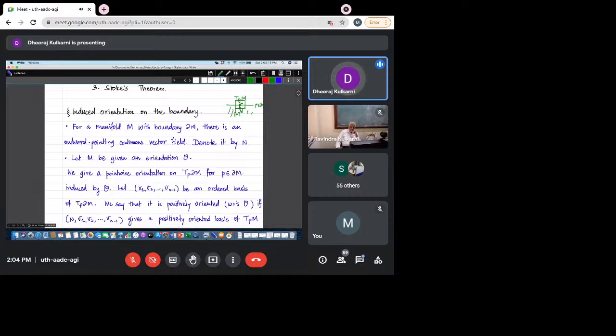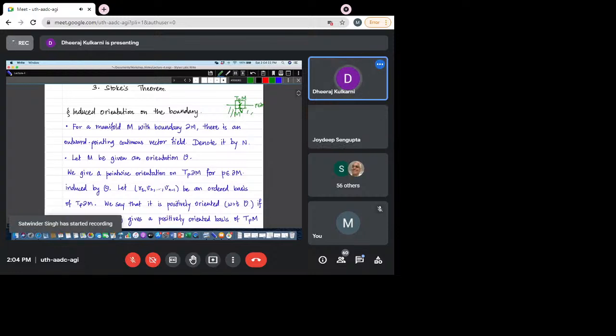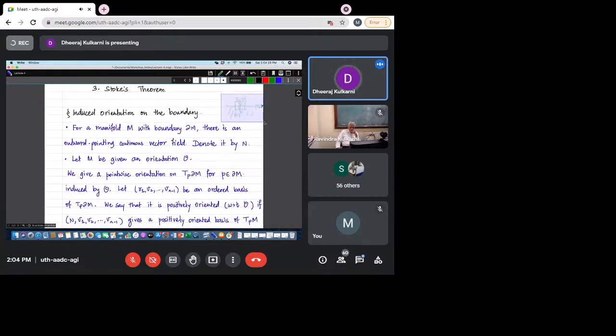If the path is going away from the boundary, then it will give rise to a tangent vector that is pointing inward. Maybe I can draw this picture a little bigger. This is your point p, and I'm looking at a vector that is pointing outward.